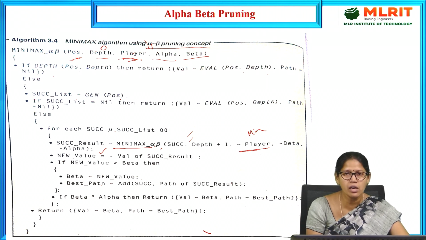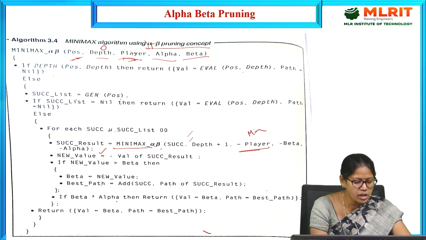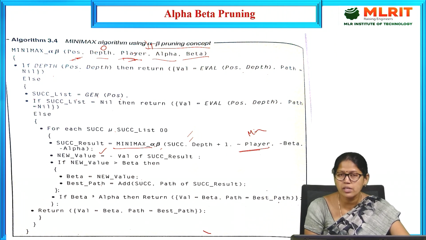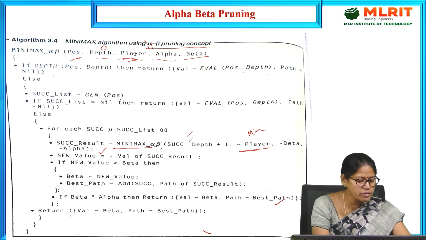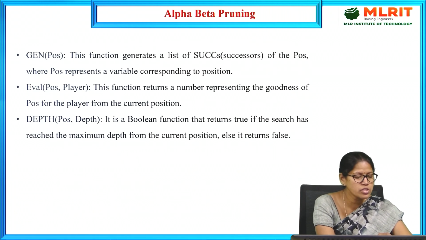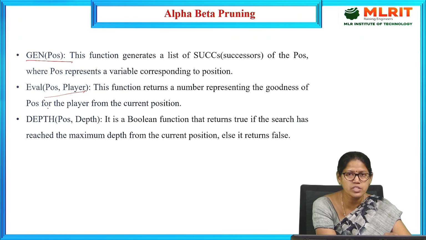because to find out the optimal path or optimal move, how we have taken that value, we need to trace that path. If beta less than or equal to alpha, then return value equal to beta, path equal to best path, and finally we'll return the value. So here, position: generating the positions and evaluating the position, player.